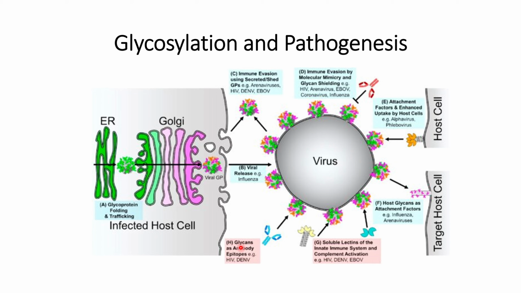These unique epitopes have been found so far in HIV and DENV viruses. This strategy can also be used to counter these kinds of viruses. These strategies show how glycosylation is involved in viral pathogenesis and how it can be evaded.